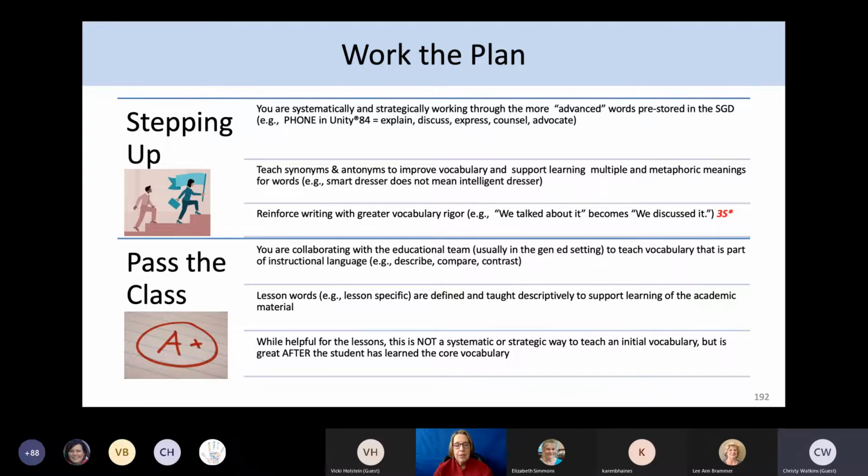And so we did a lot of that kind of work. When we were just trying to get through some of his classes and I was saying, okay, show me the lesson for this week and I will help you get through it, I didn't feel like it was a very systematic way of addressing his vocabulary needs, nor was it a strategic way, but it did get him through the class.